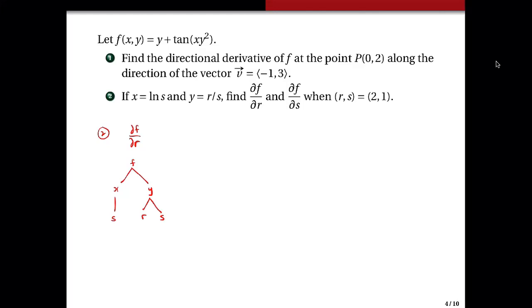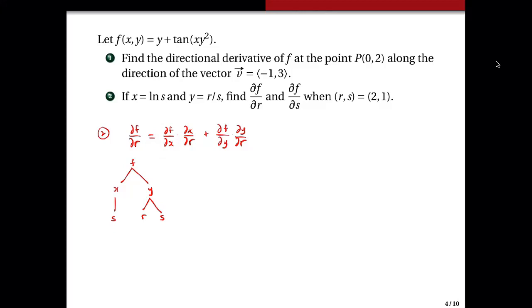So partial of f with respect to r is equal to partial of f with respect to x times partial of x with respect to r, plus partial of f with respect to y times partial of y with respect to r. But your x does not have an r, so this term will be 0. Okay?